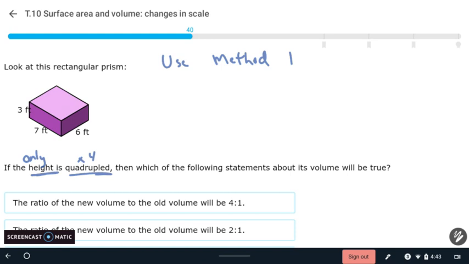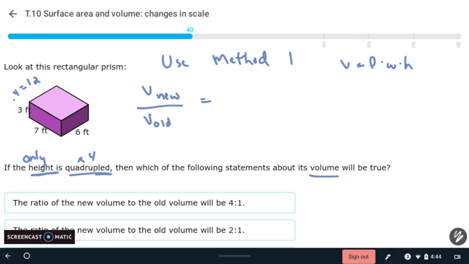So we're trying to find the volume, so we'll take the volume of the new shape divided by the volume of the old shape. So here, the new shape, we're quadrupling the height. So we take 3 times 4 equals 12, in our length times width times height.